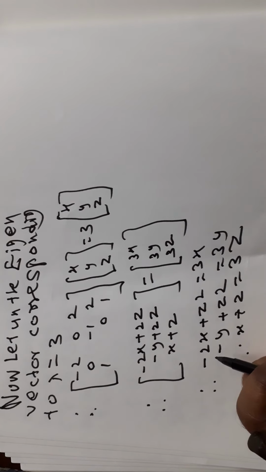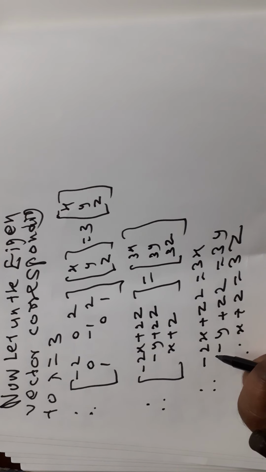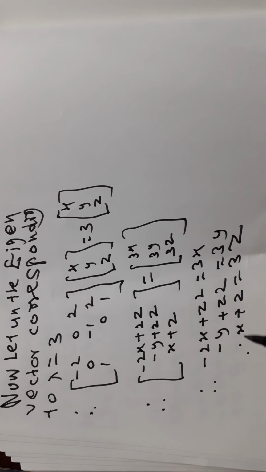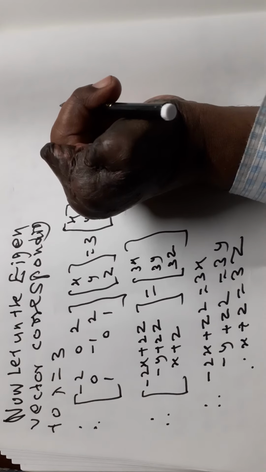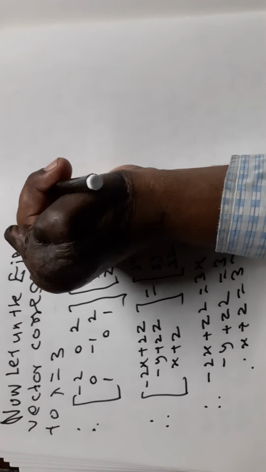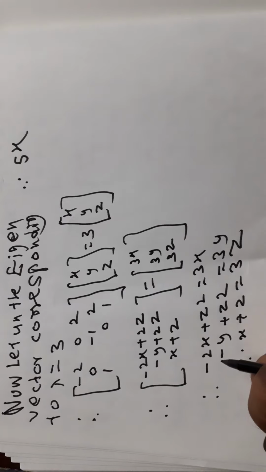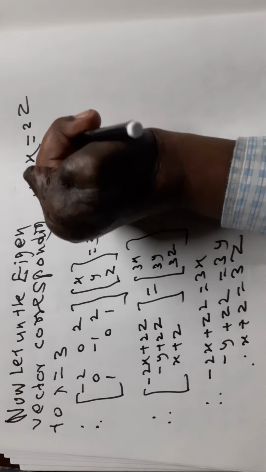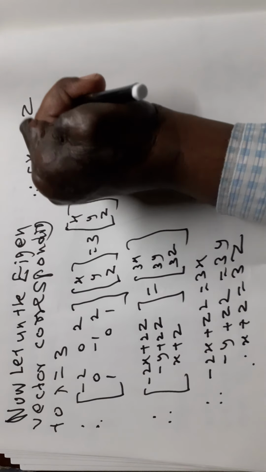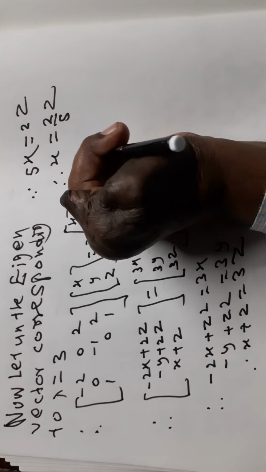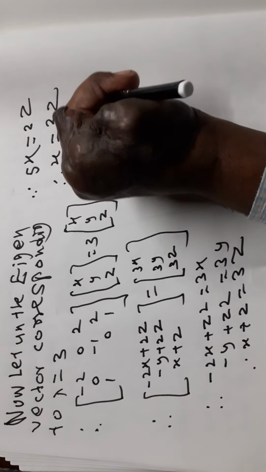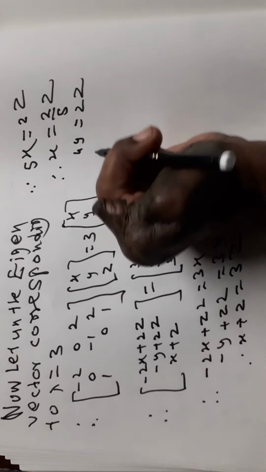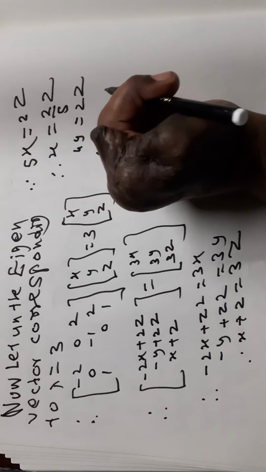Therefore 5x is equal to 2z, so x is equal to 2 by 5 z. 4y is equal to 2z. Therefore y is equal to half z.